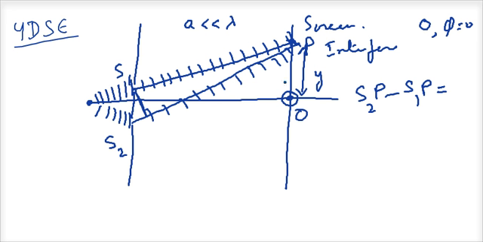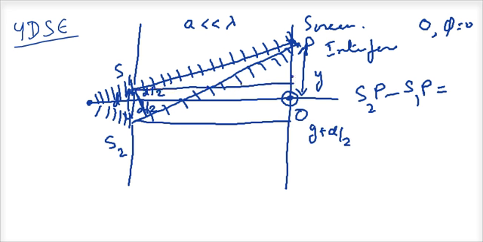Now let us try to find out what is the condition. Now suppose the distance between the two slits is small d. This side becomes d by 2, this side becomes another d by 2. So now if I look at this point, from this point it is y plus d by 2, and if I drop this point from here it is y minus d by 2, right?